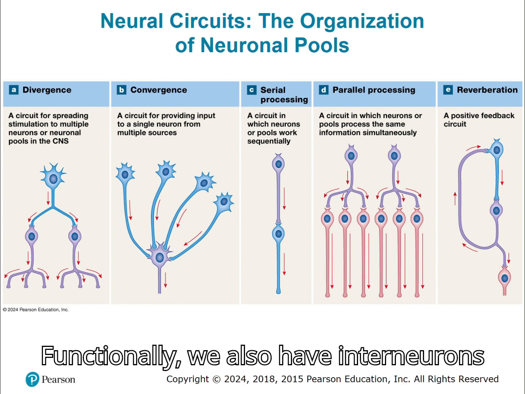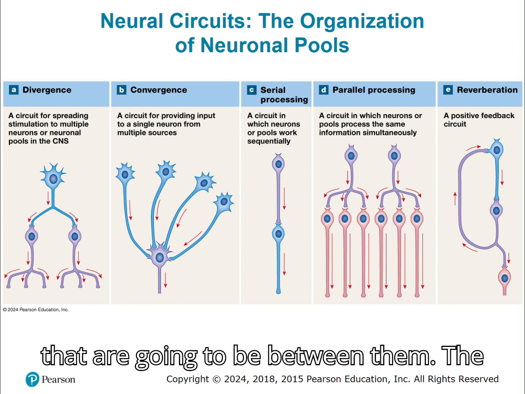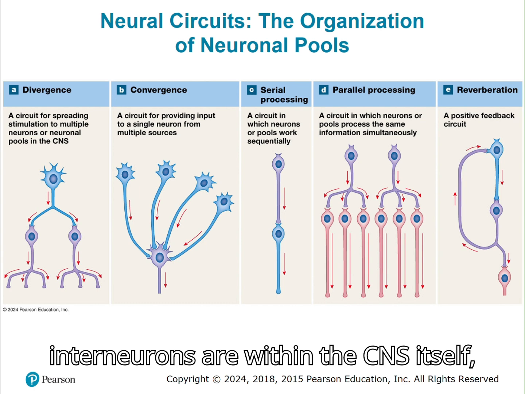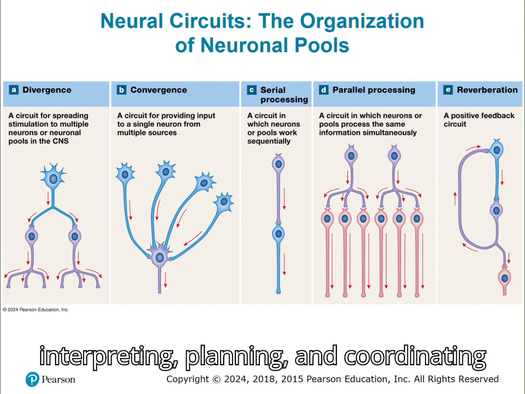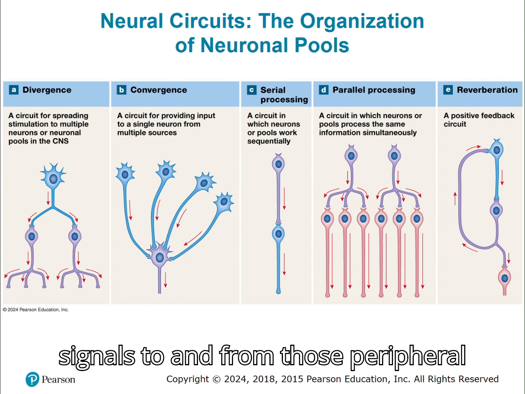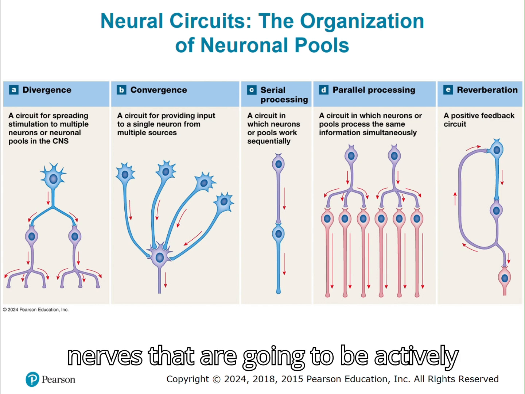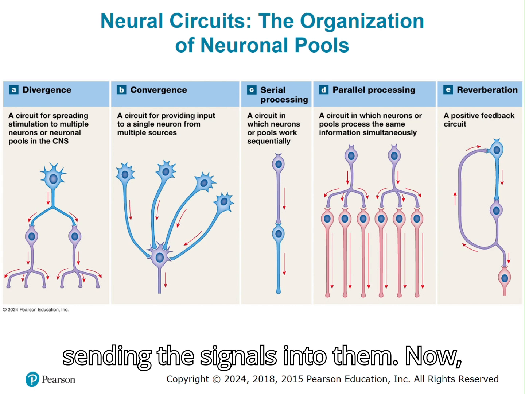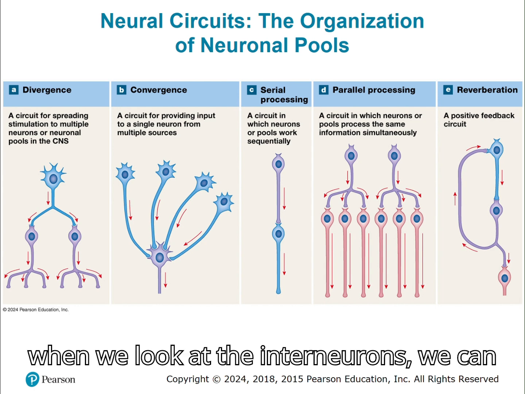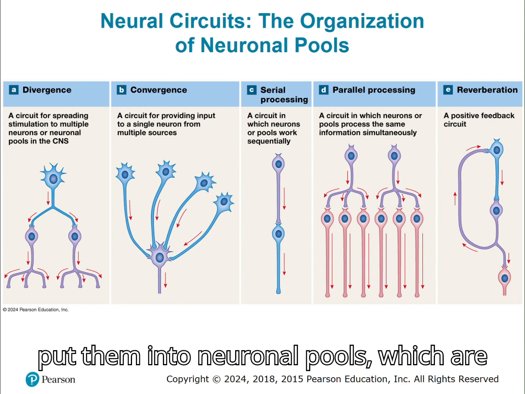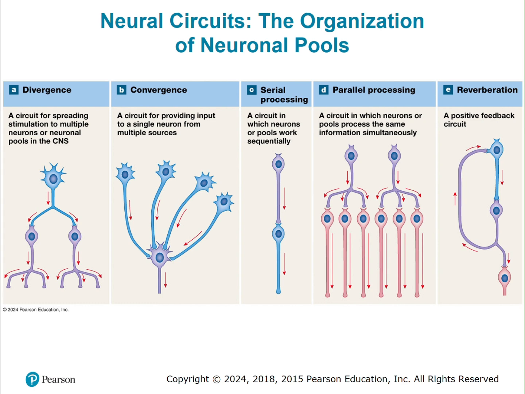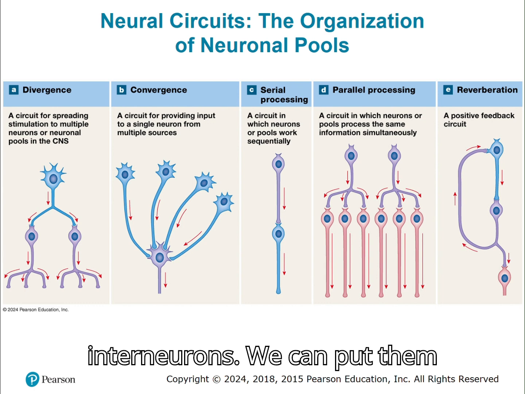Functionally, we also have interneurons that are going to be between them. The interneurons are within the CNS itself, and they're the ones that are interpreting, planning, and coordinating signals to and from those peripheral nerves. Now, when we look at the interneurons, we can put them into neuronal pools, which are functional groups of interconnected interneurons.